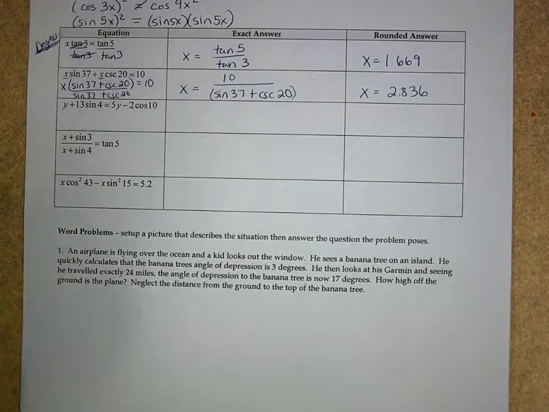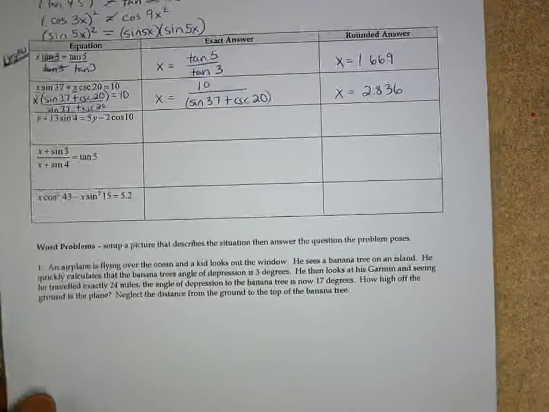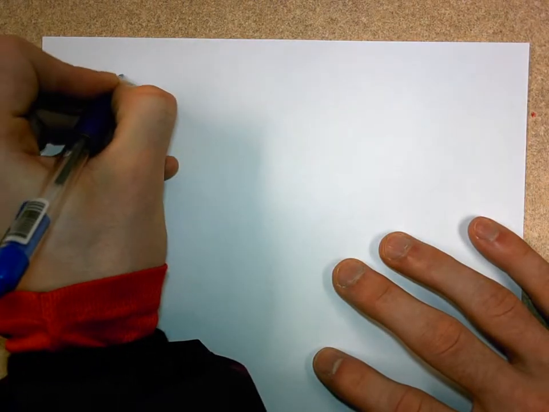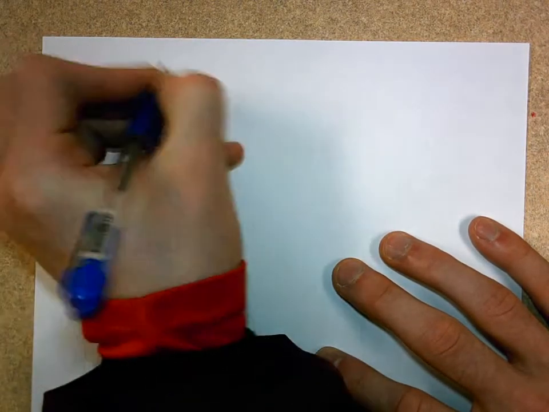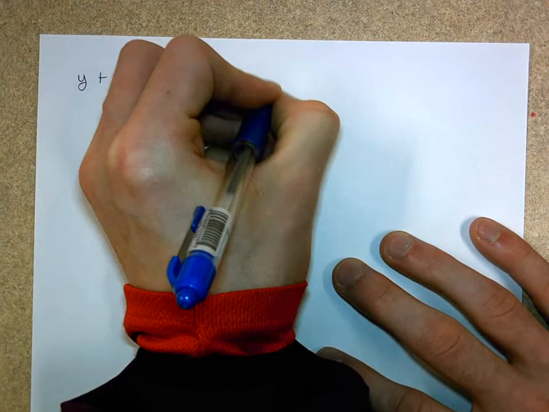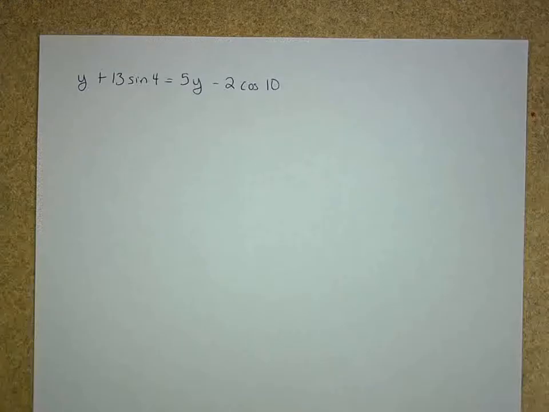The third example here, I'm going to bring out a separate sheet of paper because I'm running a little short on room right there. But part 3 says y plus 13 sine of 4 equals 5y minus 2 cosine of 10. With this one, I want to get all the y's on one side and everything else on the other.